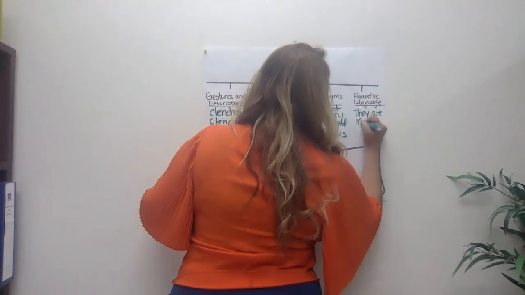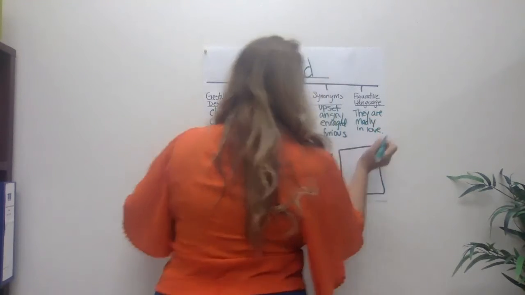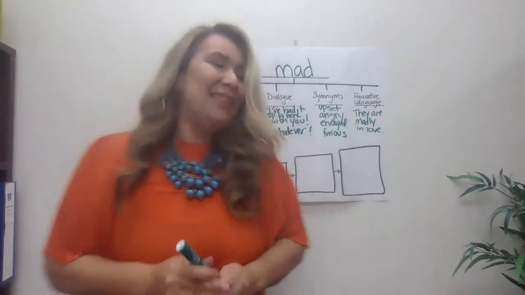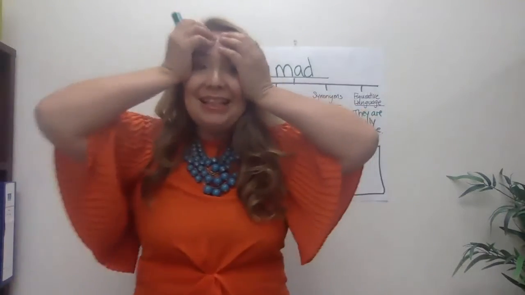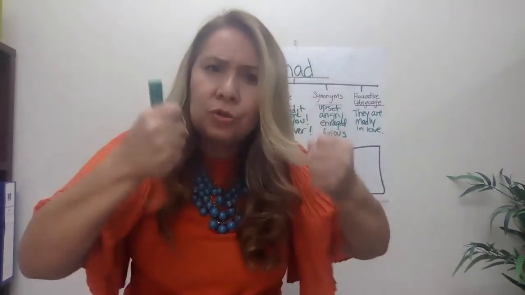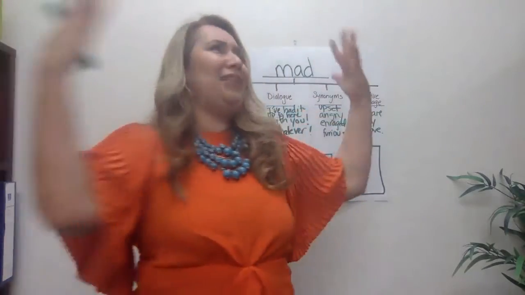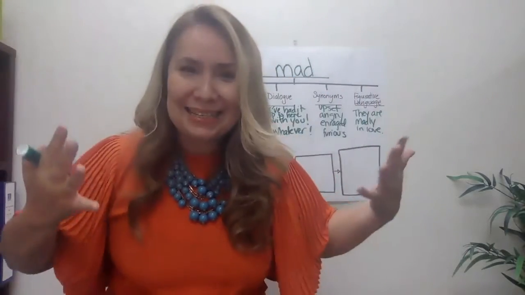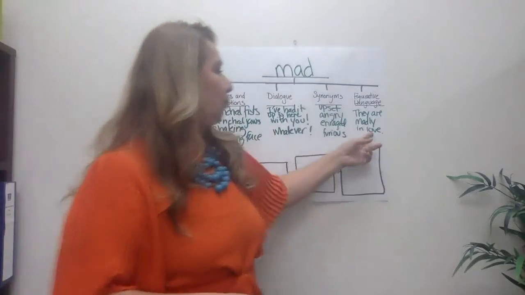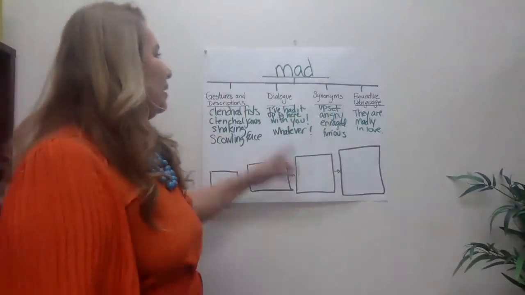They are madly in love. That could be like they can't see anything. Like when you're mad, you can't see, right? You're so angry. Sometimes when you're so in love, you don't see everything because you're blinded. That's the same thing. Madly in love. You kind of go crazy.